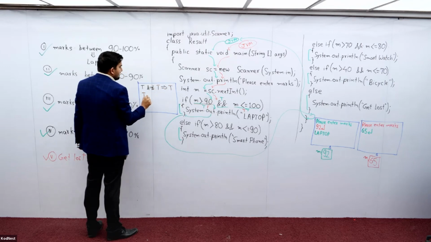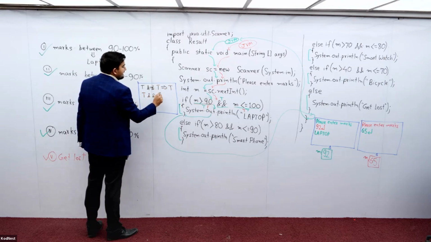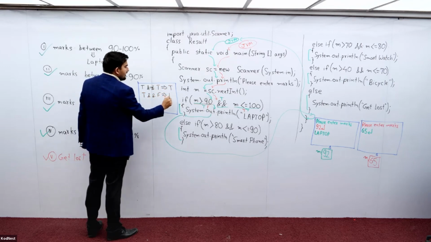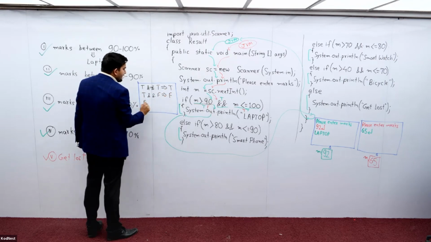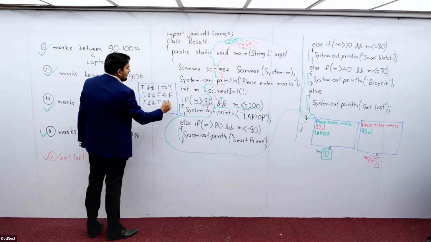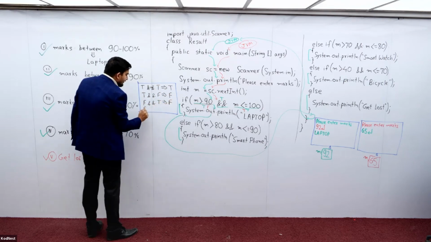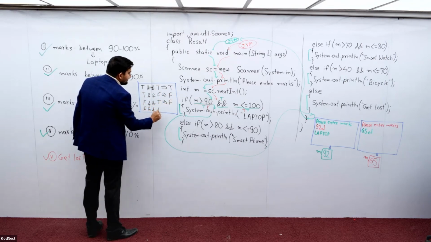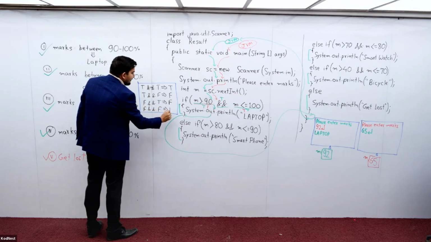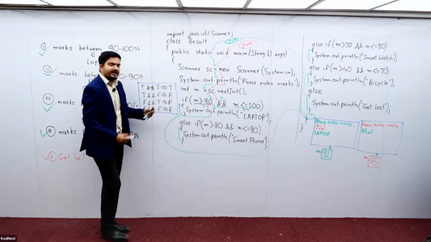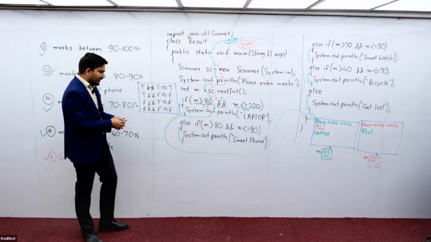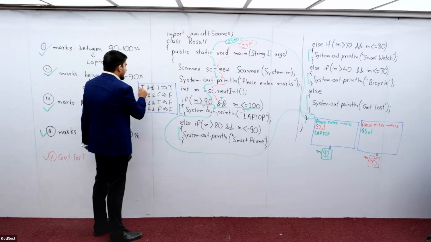If the first condition is true but the second is false, the overall result will be false. If the first is false and the second is true, the result will be false. If both are false, the overall result will also be false. Only in one case is the result of the AND operator true, when both conditions are true.